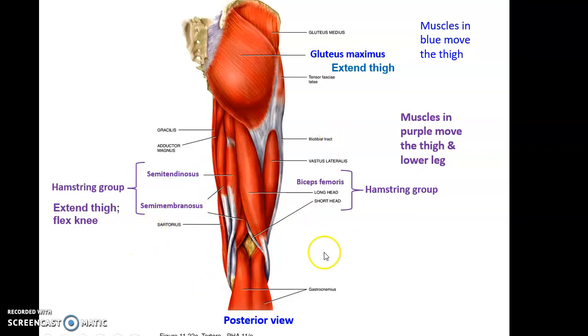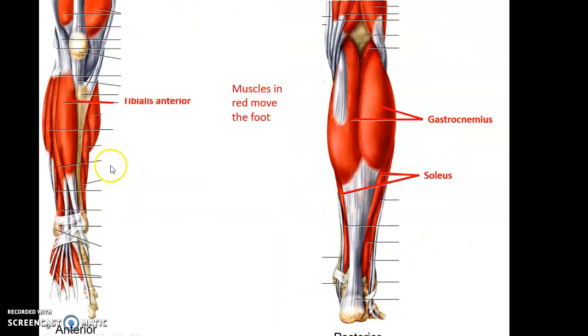The hamstrings also help to extend the thigh at the hip joint, but they also cross the knee joint, so they also help to flex the knee, so flex the lower leg at the knee joint, so bend the leg as it were.